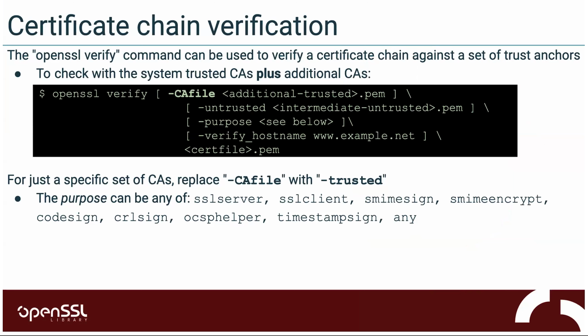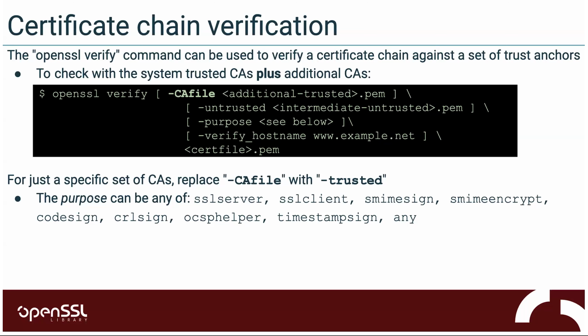So to check with the system trusted CAs plus additional CAs, you can run OpenSSL verify, give it optionally some additional trust anchors beyond the ones that are already installed in the system as trusted certification authorities. You can specify the untrusted option as additional certificates to build the chain with, because when a certificate chain has some intermediates in it, they might not be part of the certificate file you're looking at.